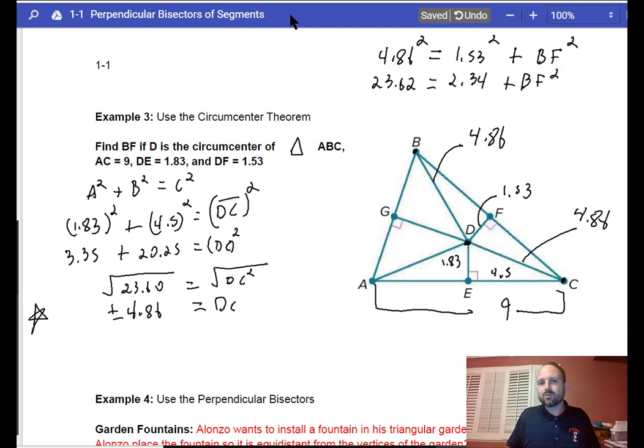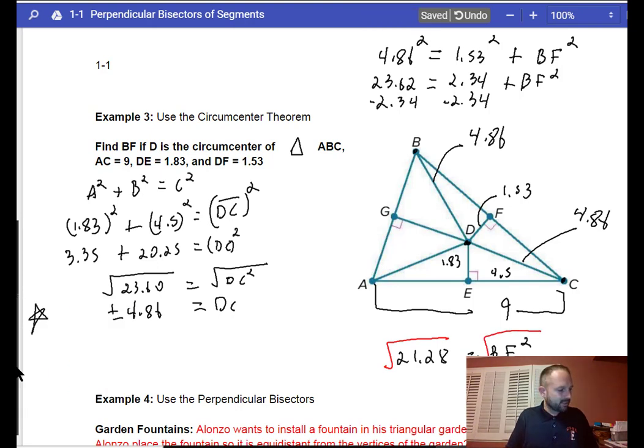And this would just lead into subtracting 2.34 on both sides, solving for BF squared. If I solve for it, I get 21.28 is BF squared. But I don't want to solve for the square of it, I want to solve for just it. So I'm going to do the square root, and I would get plus or minus 4.61 is equal to BF.